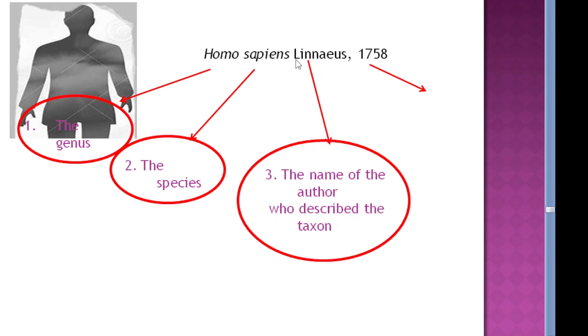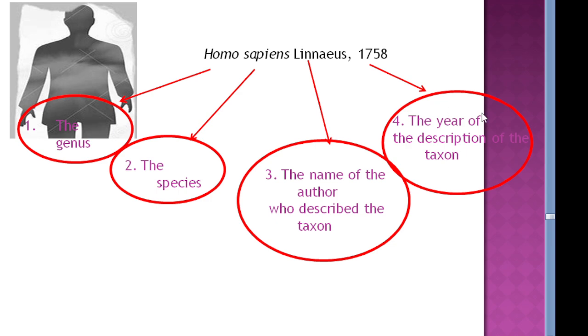Finally we put the year of the description of the taxon, which is 1758, the year of the description of Homo sapiens. And you can also see that we have put a comma between Linnaeus and the year.